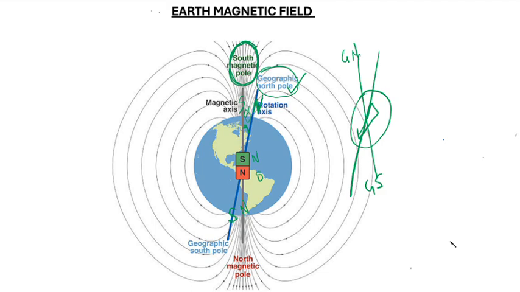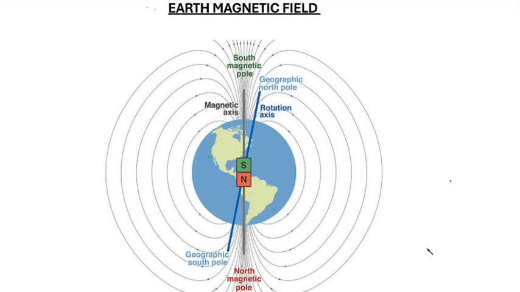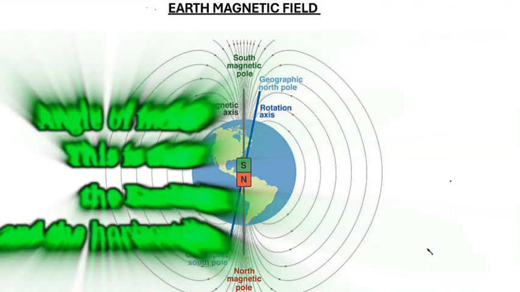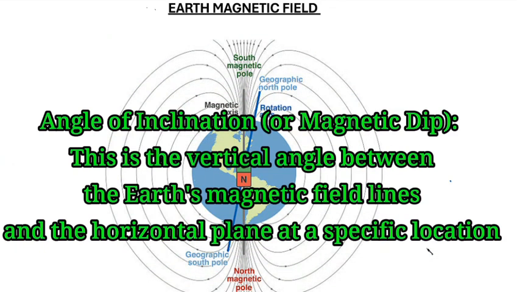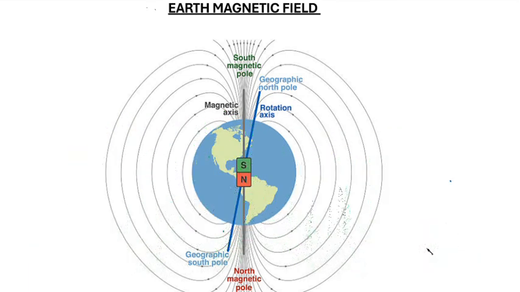Now let's discuss the angle of inclination, which we also know as the angle of dip. Mind you, angle of declination is what we mean by angle of variation. Angle of inclination, or angle of dip, is the angle that the Earth's magnetic field makes with the horizontal of the Earth.